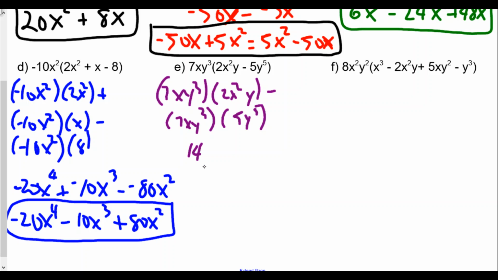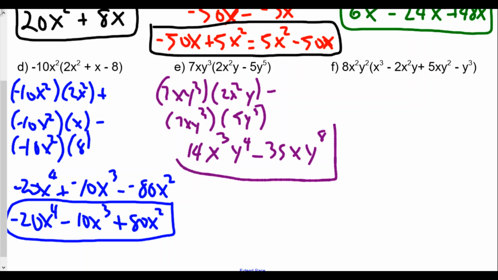X times x squared is x to the third, and y to the third times y is y to the fourth. Minus 7 times 5 is 35. X, because it's times x. And then, of course, y to the third times y to the fifth is y to the eighth. And this is our product.